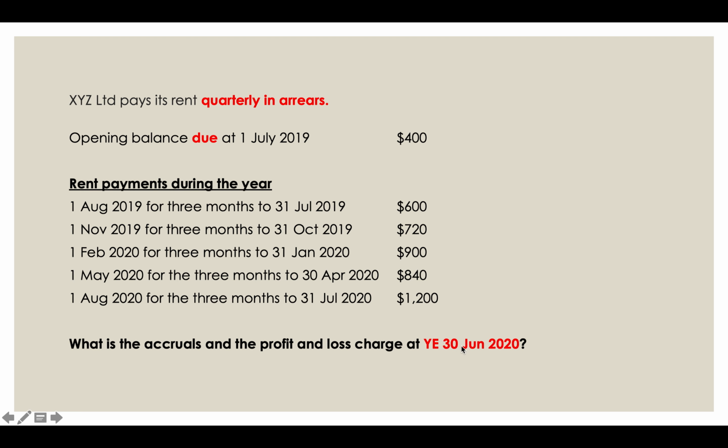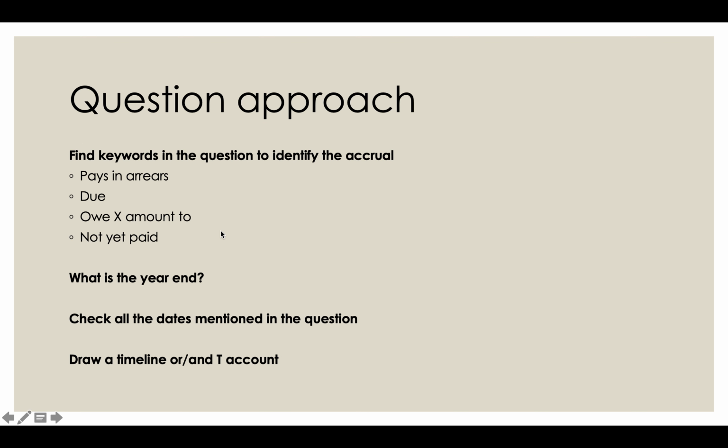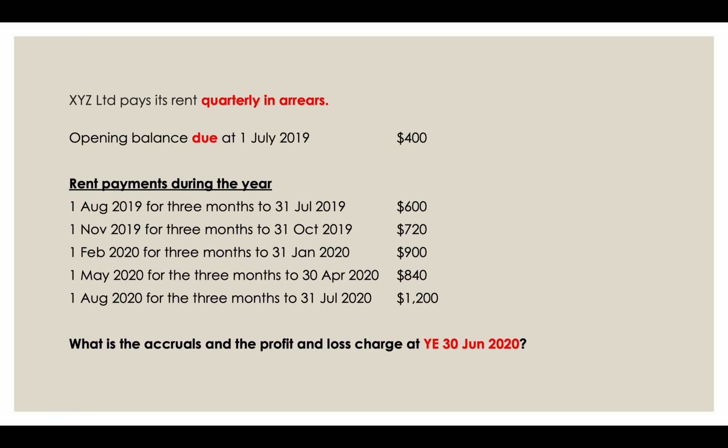The year end is the 30th June 2020, and we have made several payments during the year. Do note that quarters are worth 3 months and not 4 months.